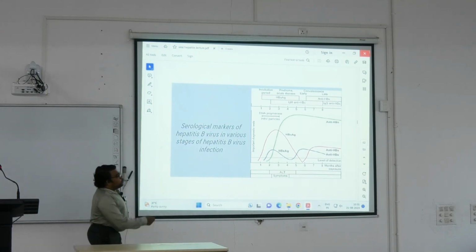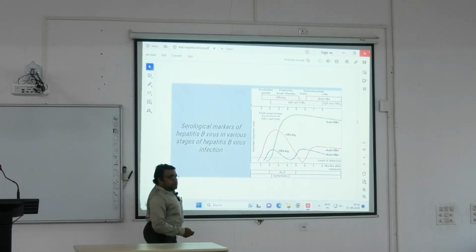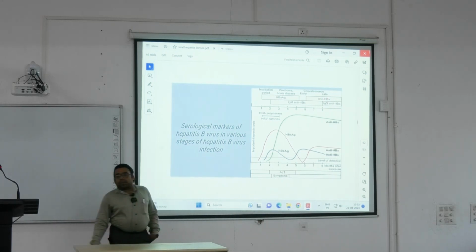Now, if we correlate the same thing with the clinical course, we can see the 0 to 2 months will be the incubation period, following which there will be a prodrome where the surface antigen is present. Early convalescence, and after the prodrome in the convalescent stage, the anti-HBs will be present. Okay.